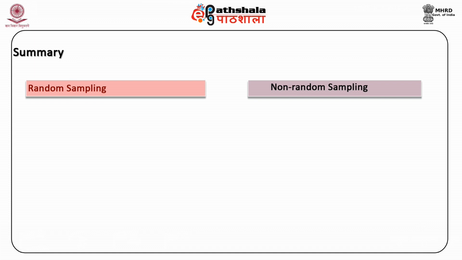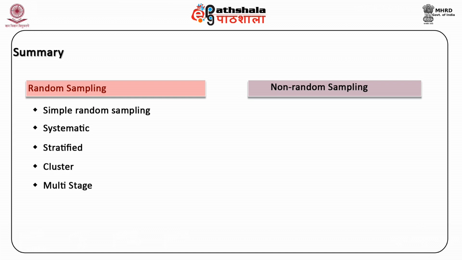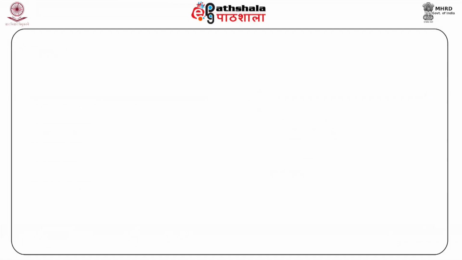You have also learned about the characteristics of different methods of collecting data within random sampling, like simple random sampling, systematic, stratified, cluster, multistage, and non-random sampling like quota sampling, convenience sampling, volunteer sampling, and purposive sampling. Let us now summarize what we have learnt in this module.